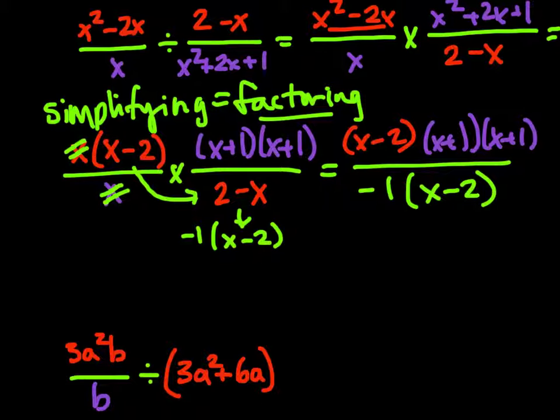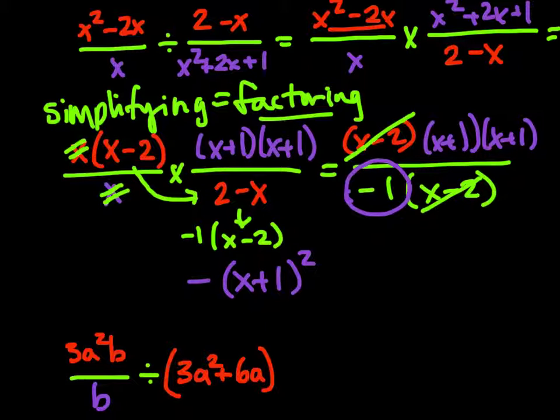From there we can finish up our simplification. We can cross out our x minus 2's, and what we end up with for our final answer is x plus 1, squared, and we still have a negative out in front. That negative we can bring up top because that's the only thing that's left, and we don't have to rewrite this as over 1. We can just simply write this as negative x plus 1 squared.